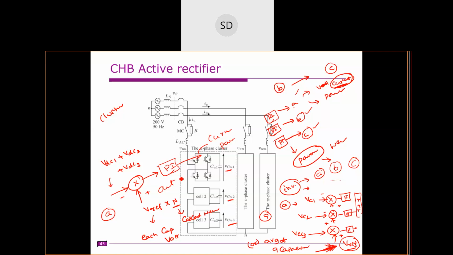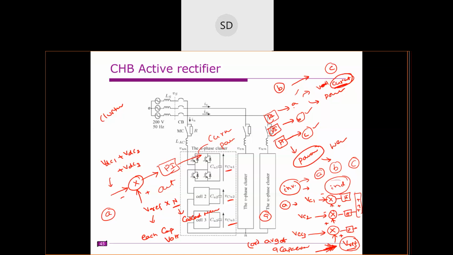The reference may be the actual reference, or we may consider it as an average of the 9 capacitors, the entire capacitors of A phase, B phase, C phase, the average value of all the capacitors. Usually the cluster voltage is the outer controller, and the individual one will be the inner controller.